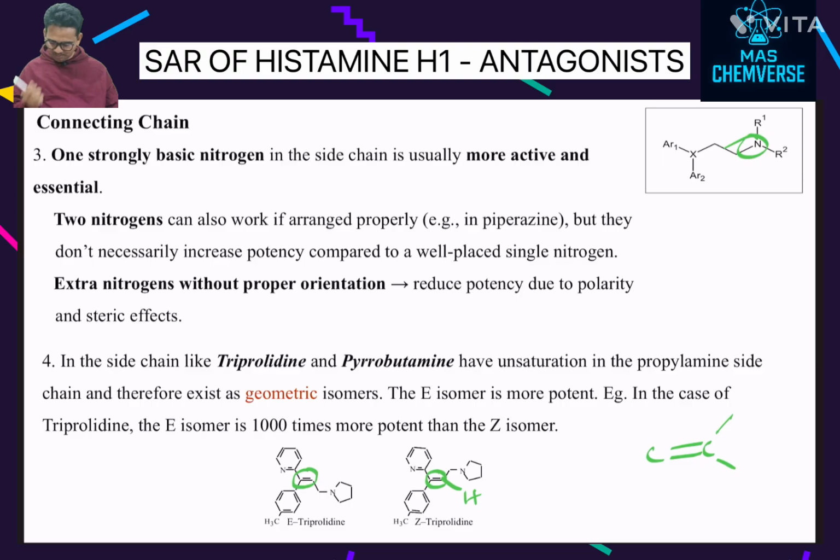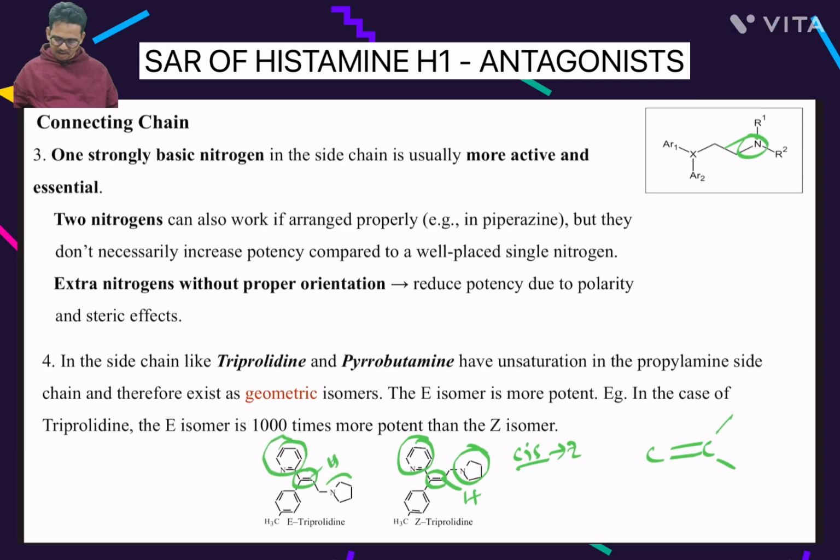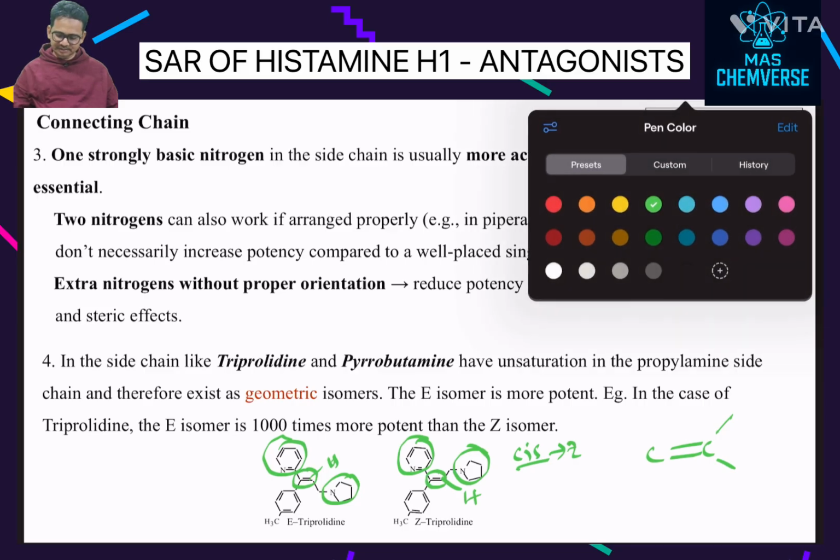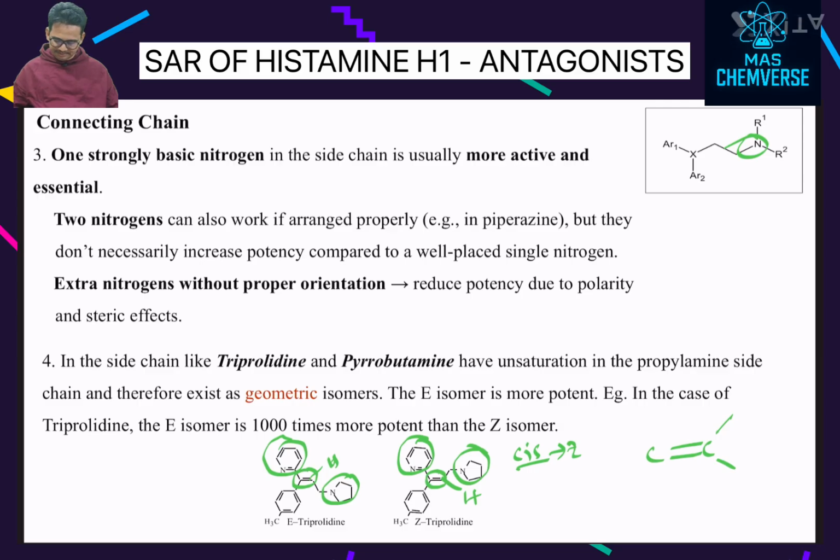See, when the higher priority groups are on the same side, this is called cis, represented by Z. When the higher priority groups are on opposite sides, this side one and this side one, that is called opposite side. Same side means like this side and this side, but here opposite side.